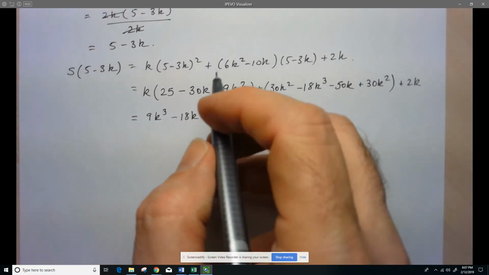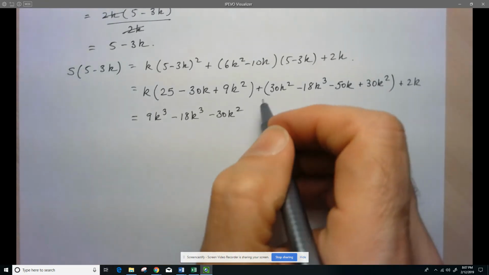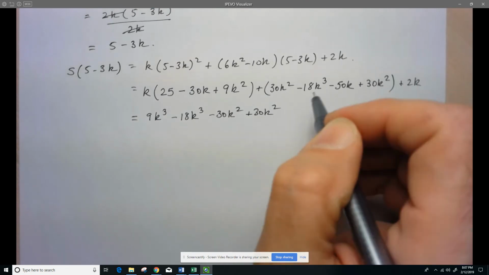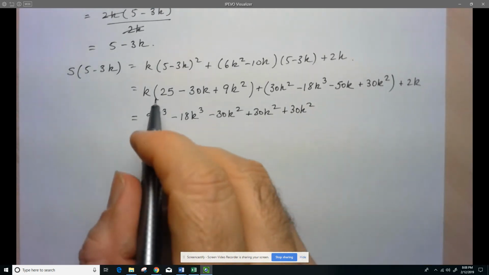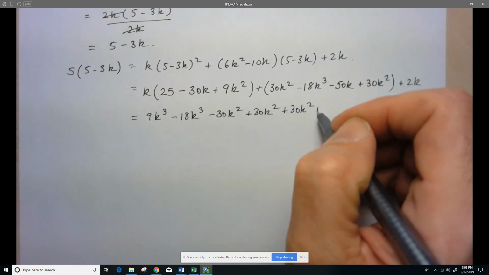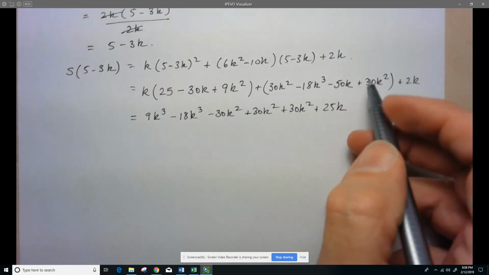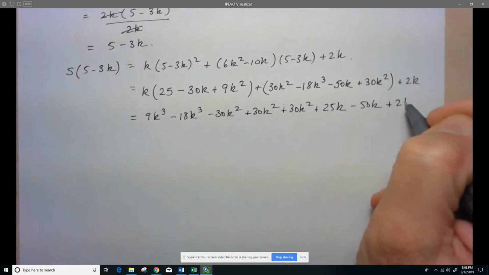So here we've got minus 30k squared. Okay, here we have plus 30k squared. And then we have another plus 30k squared. Okay, here it looks like I have 25k. Here we've got a minus 50k. And then finally we have the plus 2k.